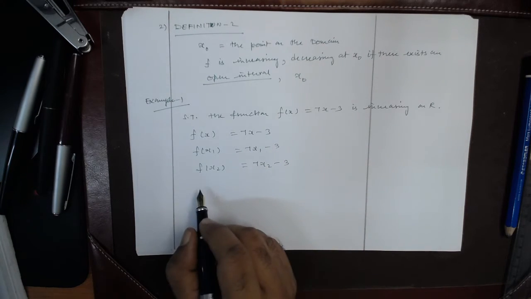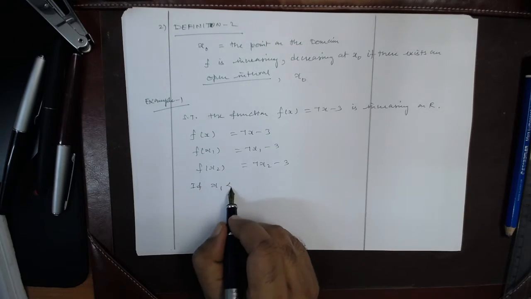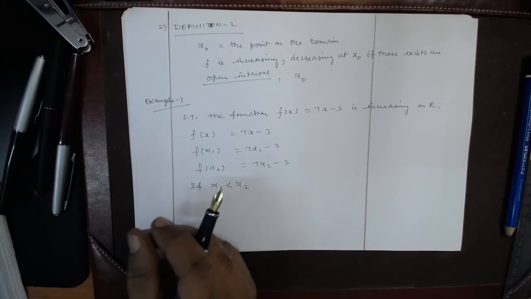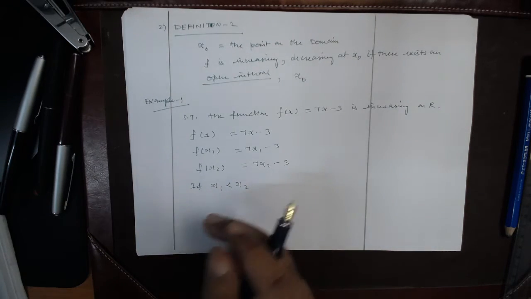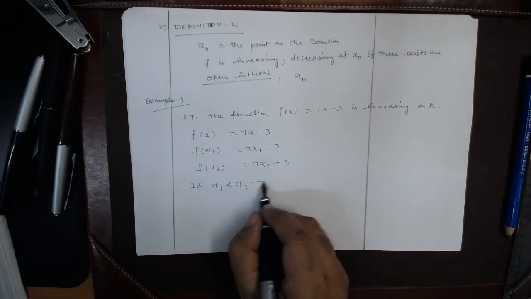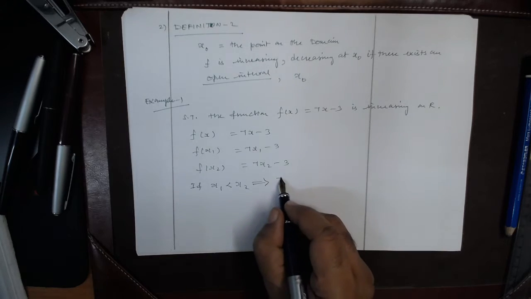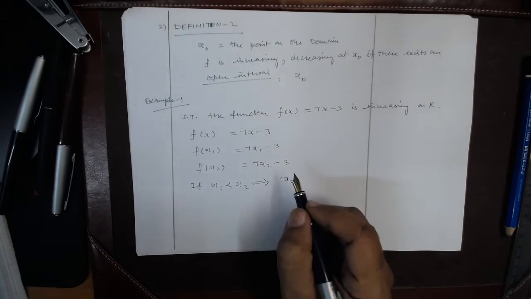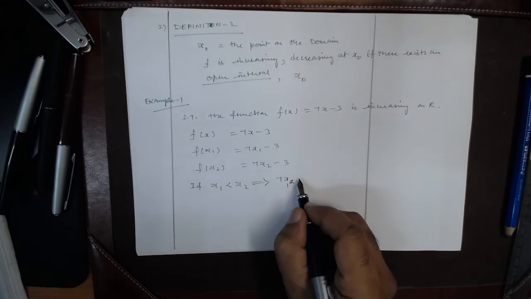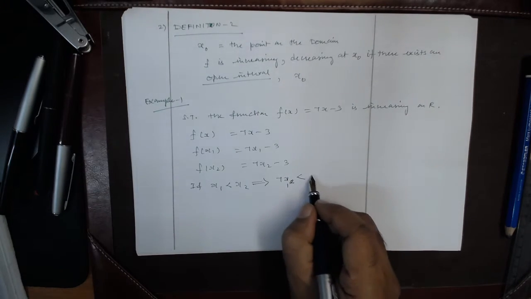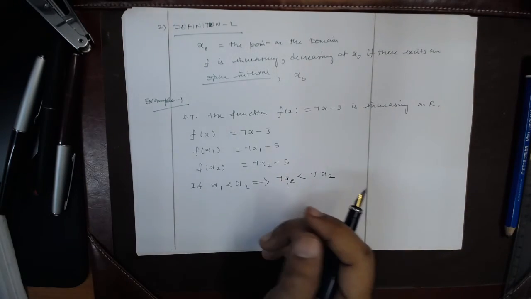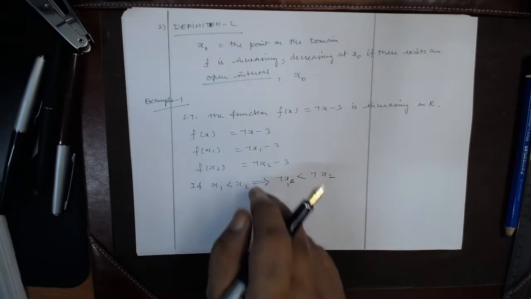So if x1 is less than x2, when I take the value as x1 less than x2, definitely 7x1 is less than 7x2, is it not? We will be substituting only here.